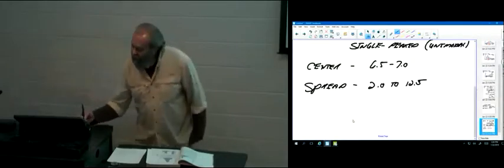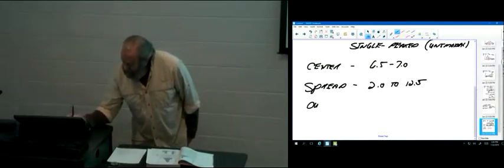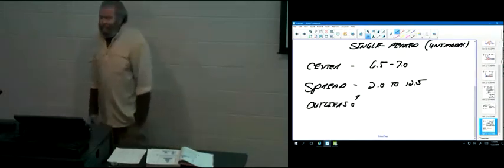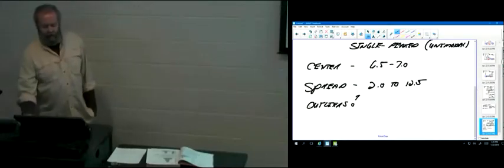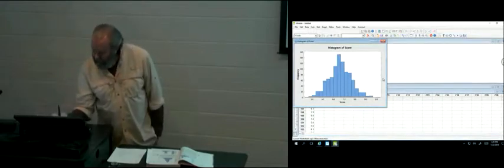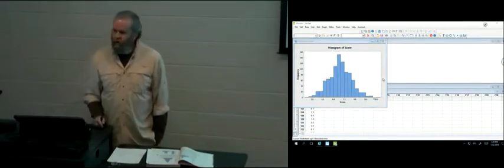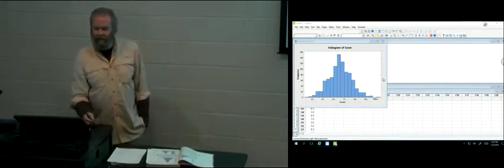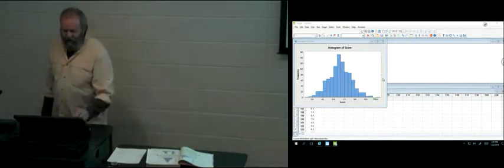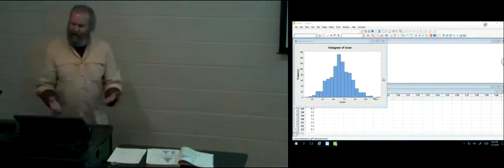Okay? Now, what about outliers? Now, we got to be careful here, because I see there's a gap here. Right? There's a gap there. From, what is that? From 11.5 out to 12. There's nobody in that 11.5 to 12.